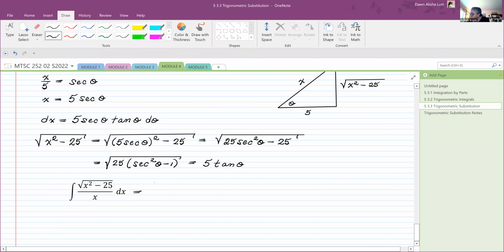All right, we get the integral. The square root of x squared minus 25 is 5 times the tangent of theta. dx is 5 times the secant of theta, tangent of theta, d theta.